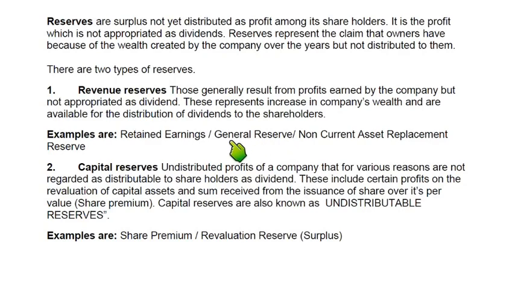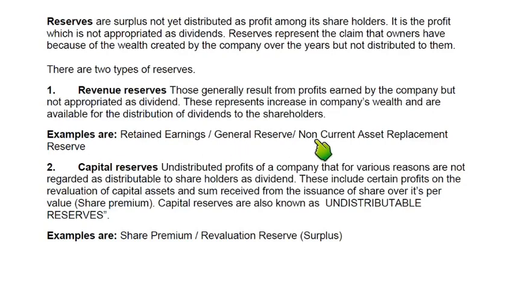Maybe we can use it to expand business in the future, or to buy non-current assets or replace our fixtures, furniture, plant or equipment. Or maybe we can use it to cover future losses, or to pay dividends in the future. For retained earnings, we basically use them to pay dividends only, and no other uses are made from retained earnings.